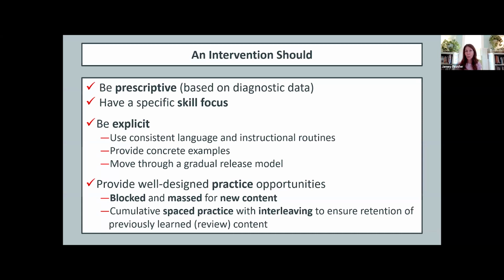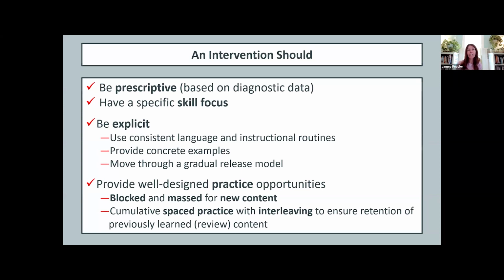We're going to do a lot of I do, we do, you do. My routines and my procedures that I do in my intervention are going to mirror what I do in my core, because the more fragile the learning environment is for a student, the less successful they will be with me always changing the activities and the routines and procedures. So there should be a lot of consistency across tiers.